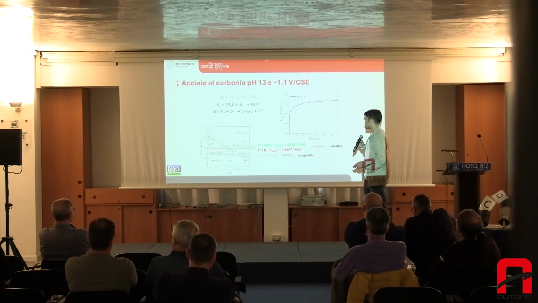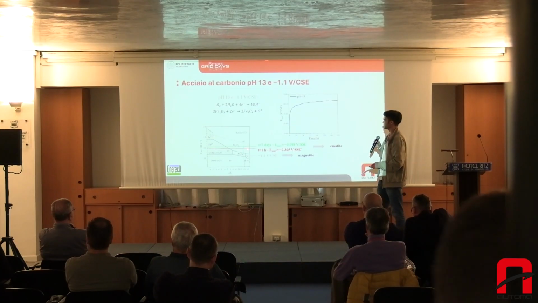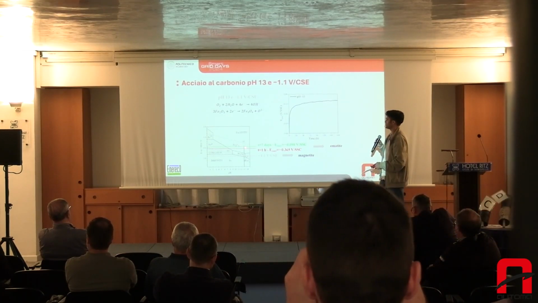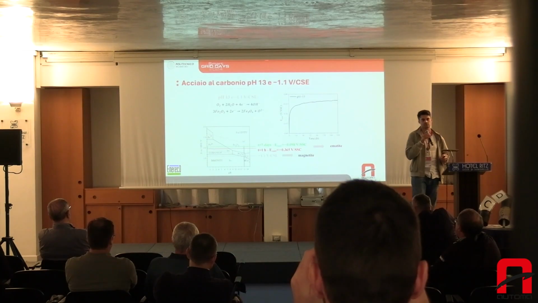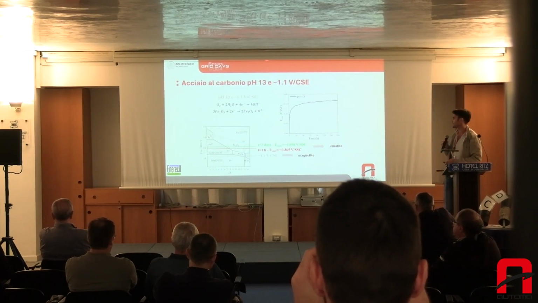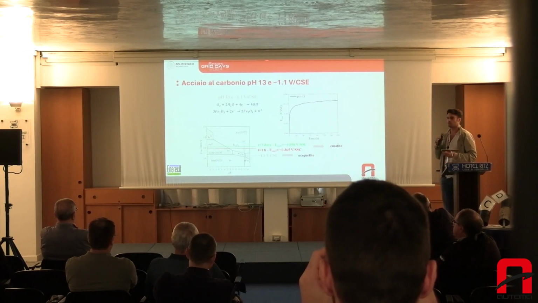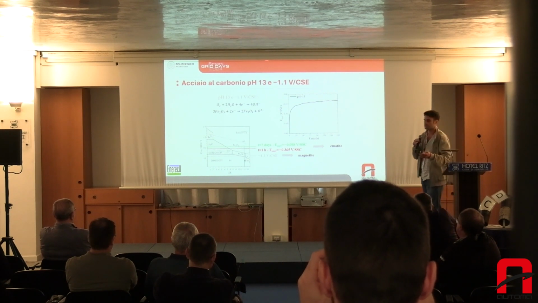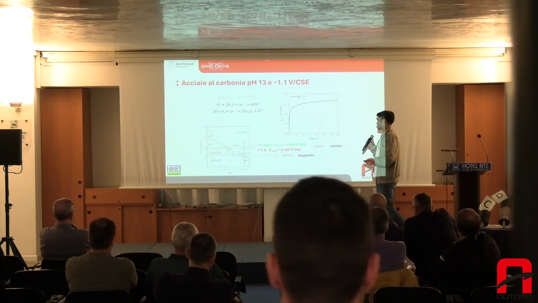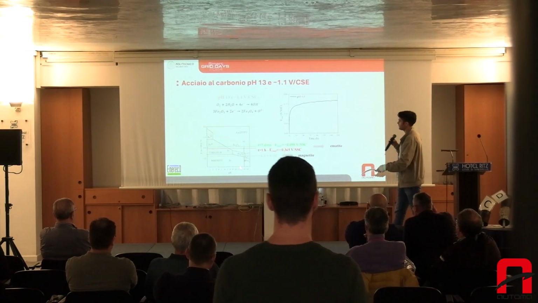So the diagram is quite clear. If we are in a condition of free corrosion, the natural potential is telling us that we have hematite. That's quite a protective kind of oxide, which protects our steel in quite a significant way.